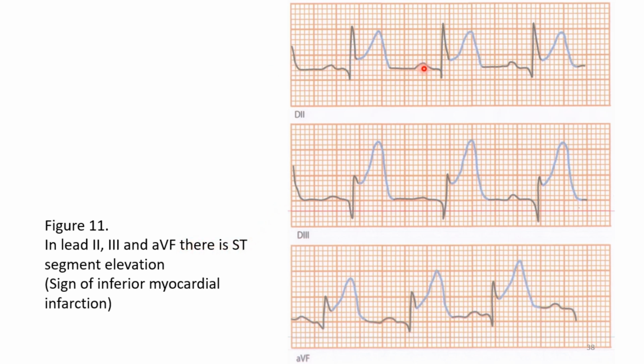This is the isoelectric part, and then the ST segment is elevated, and this way you can see in D2, D3 and augmented voltage foot. If an electrode records this wave in just the opposite direction, then ST segment depression can also be followed instead of the elevation seen in these electrocardiogram derivations.